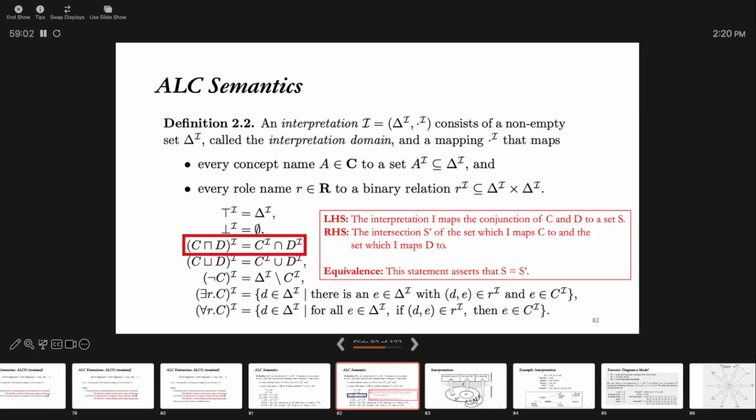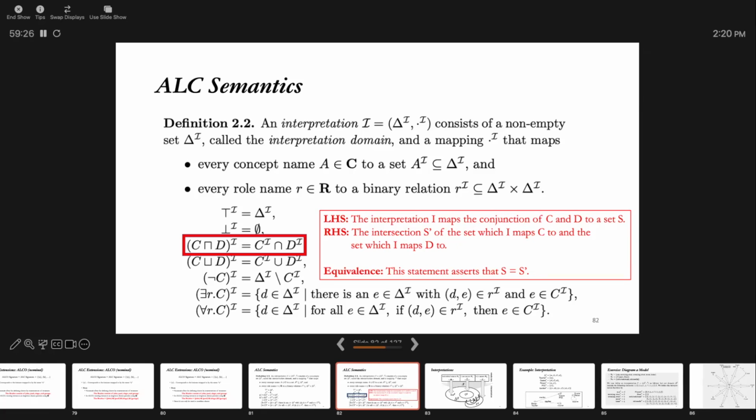And I'll show you a picture of what that looks like in a second, but I want to show you this. If you were reading this equivalency, what this is saying is that the mapping here of the C intersection with D is the same as the mapping of the C's into the domain intersected with the mapping of the D's in the domain.